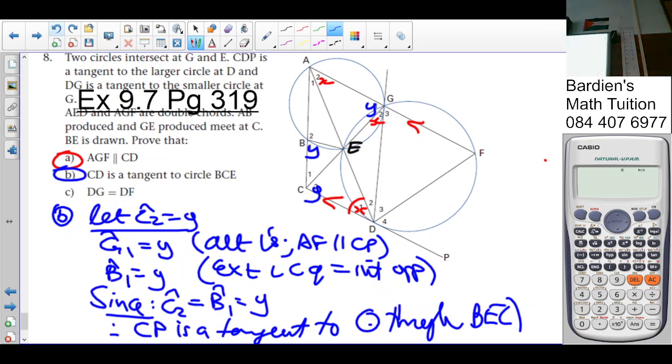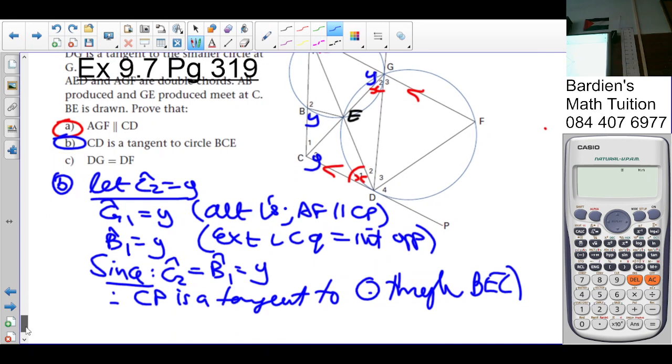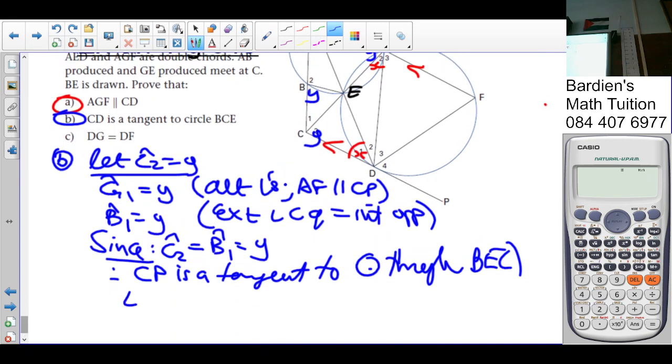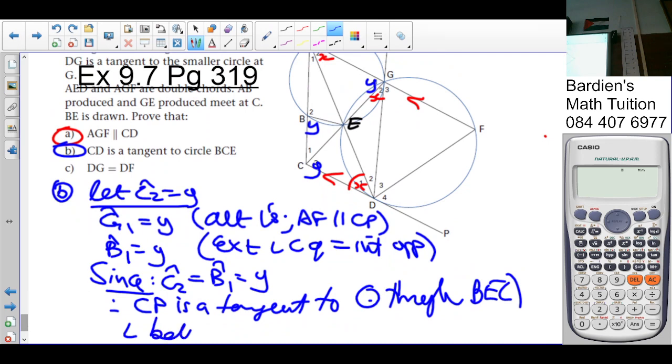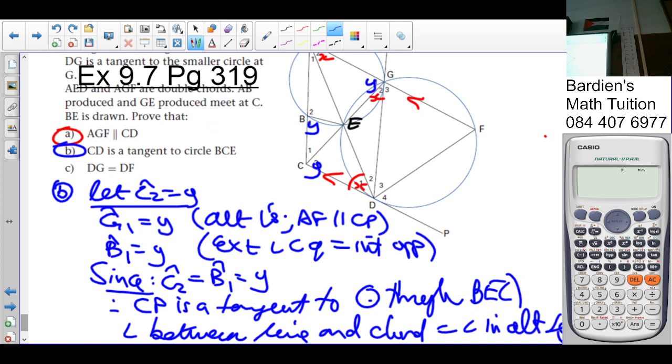Because of the tan chord theorem. Angle between line and chord equals angle in the alternate segment. This is also the converse of the tan chord theorem.